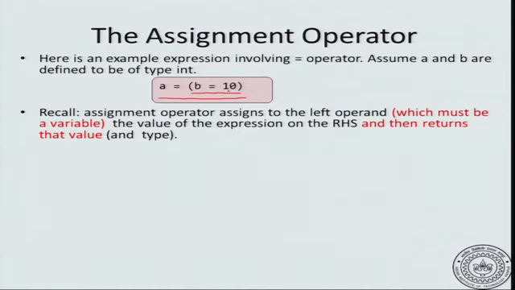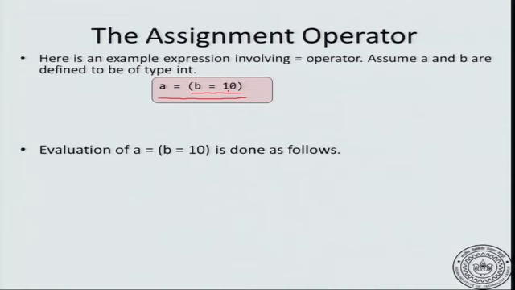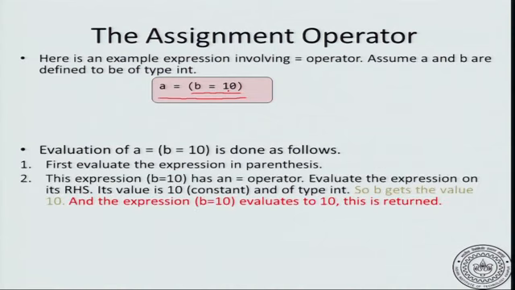We can now analyze a equal to b equal to 10 as follows. First, evaluate the expression in parentheses. The expression b equal to 10 has an assignment operator, so evaluate the expression on the right hand side and then assign it to b.